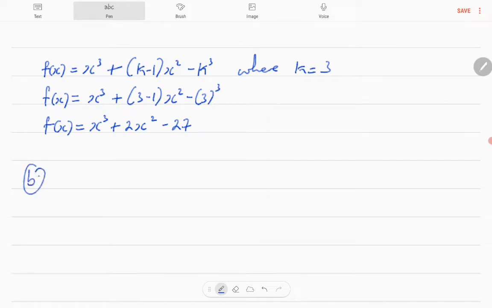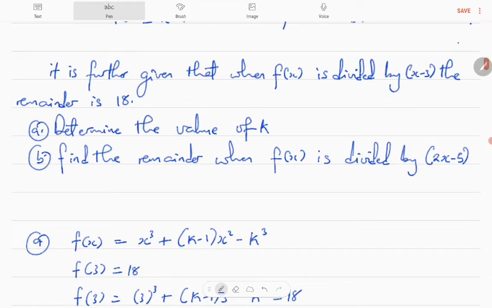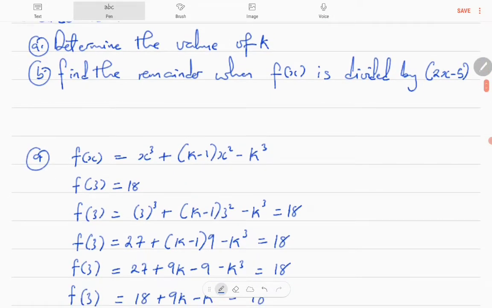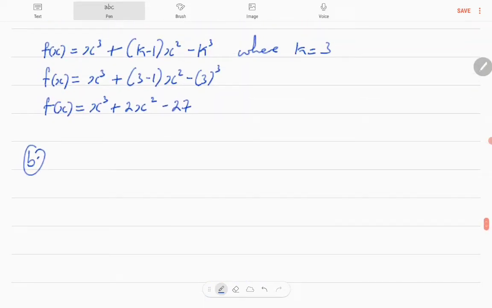So we can now do the second, finding the remainder when f(x) is divided by 2x − 5. To find the remainder, you have to use long division.